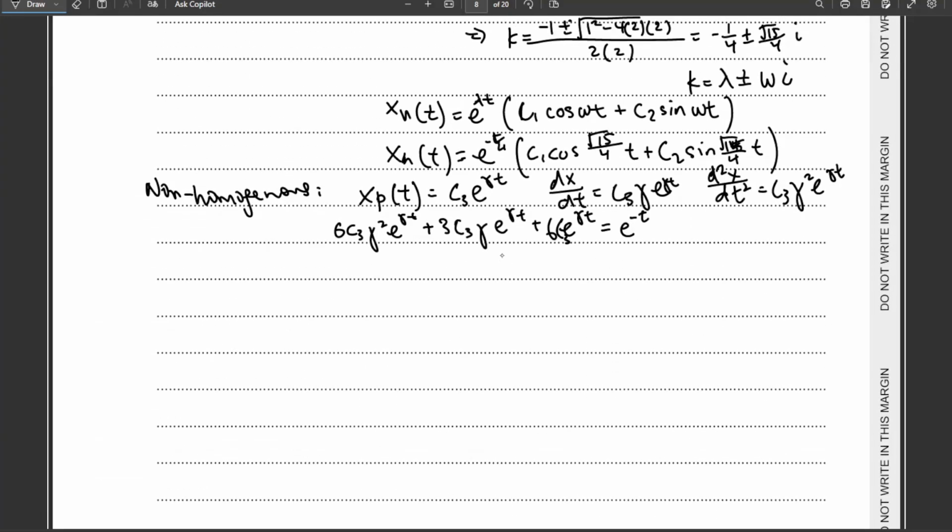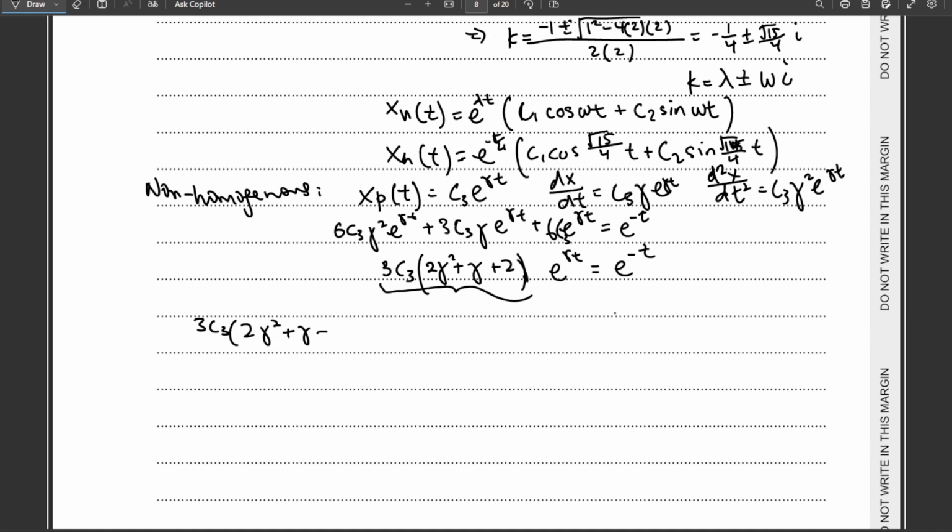So let's factorize out the exponential term first, so that we can make a direct comparison. We can notice that the coefficient of our exponential term here is 1. So this entire expression in front of the exponential term, you can equate to 1. So just note that first.